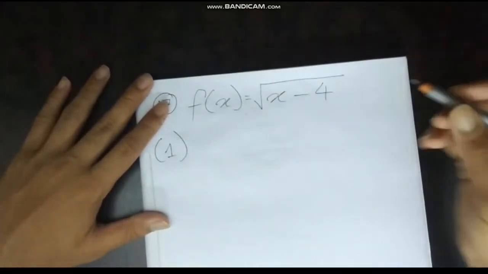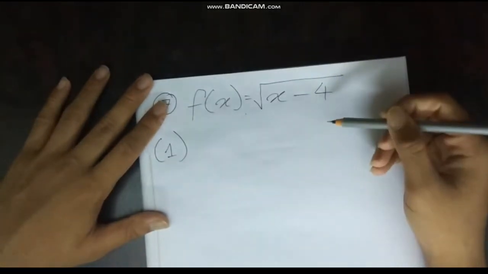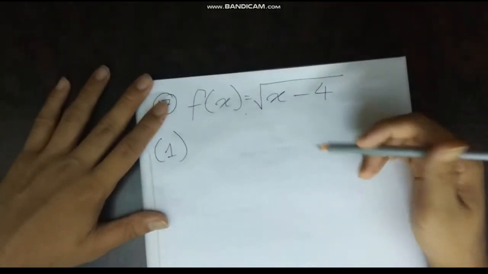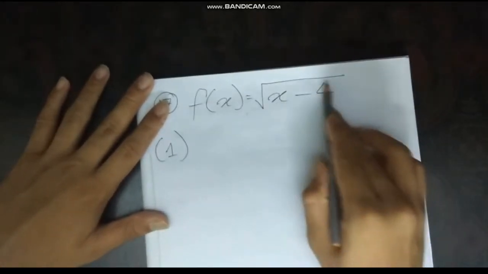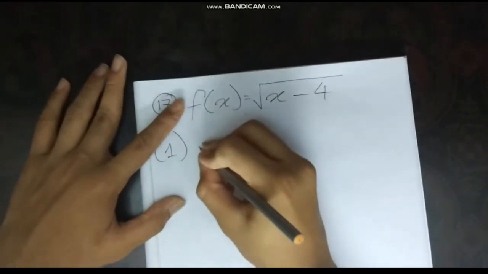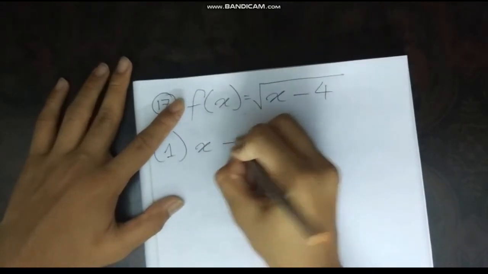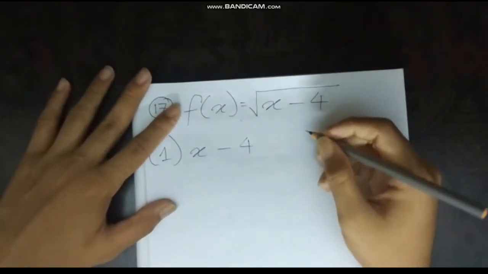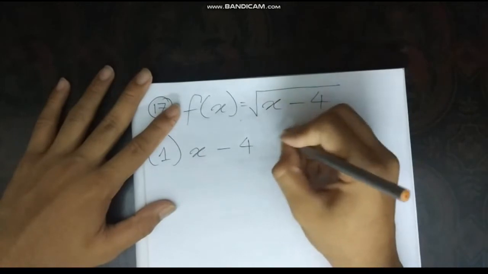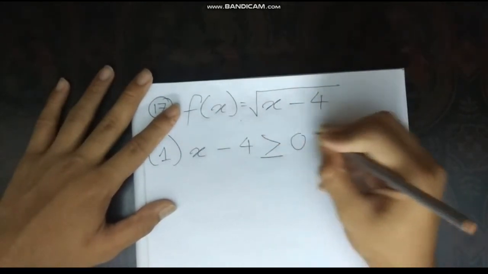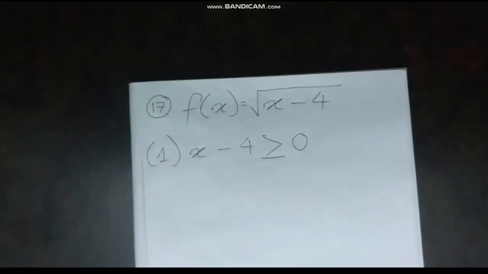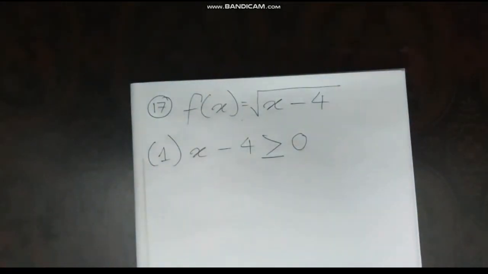So what do we know? The negative roots have no real values, they have imaginary values. So this value right here, x minus 4, must be greater than or equal to 0.